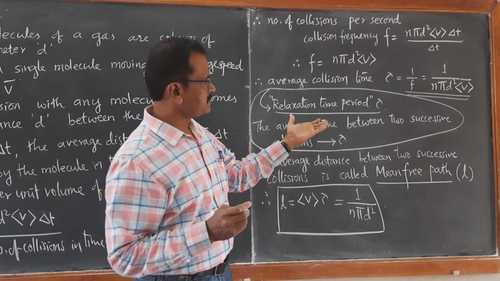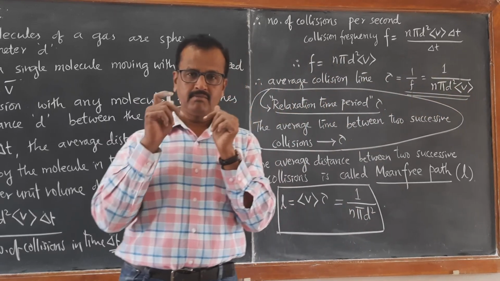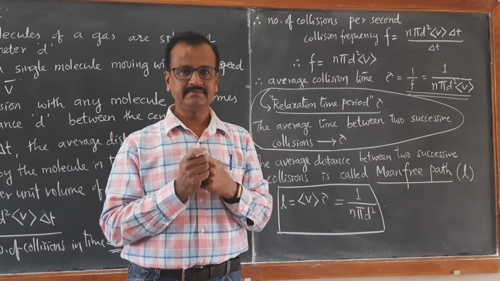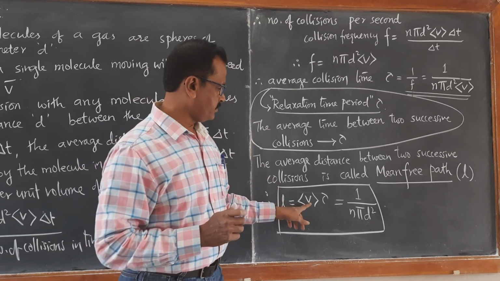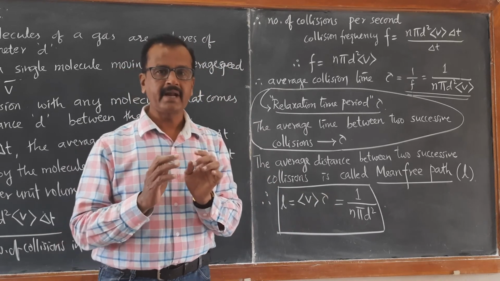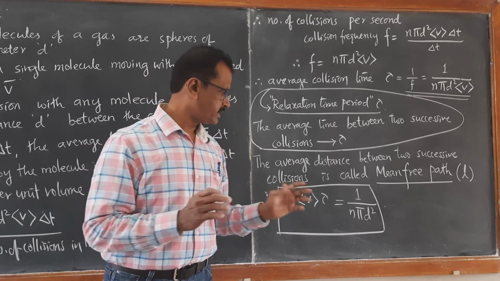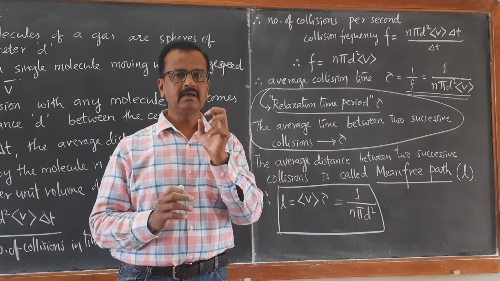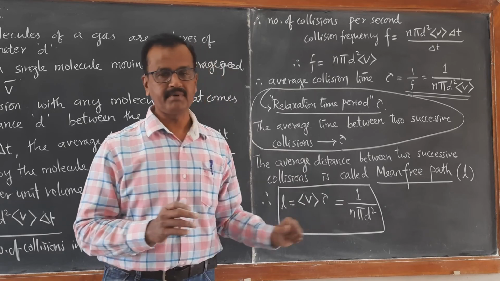So instead of considering average velocity of the moving molecule, we need to consider average relative velocity. That is the correction needed. So instead of bracket V, we have to consider bracket VR, average relative velocity. Then this equation will be modified and a corrected equation will be there for mean free path.